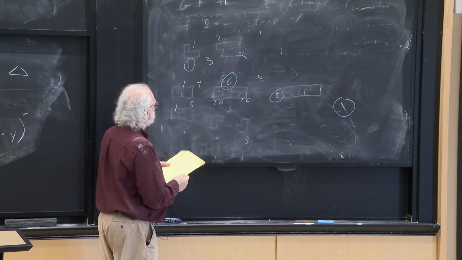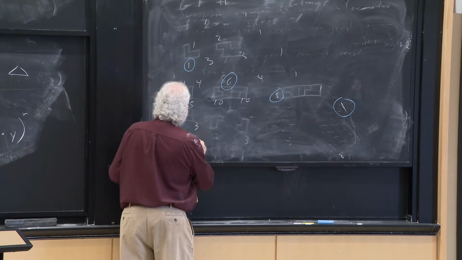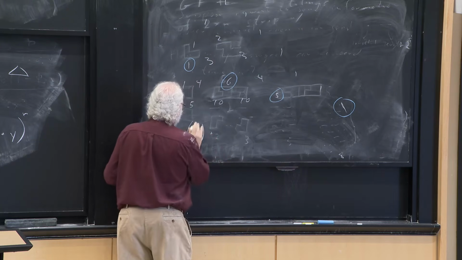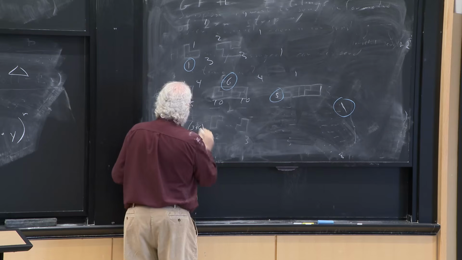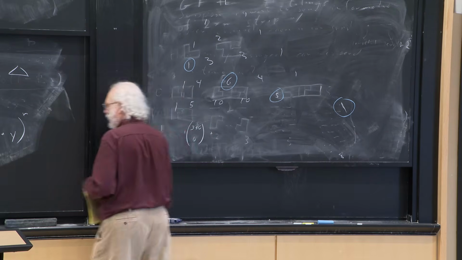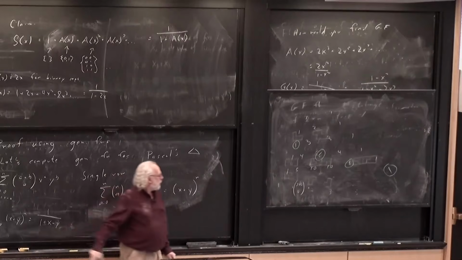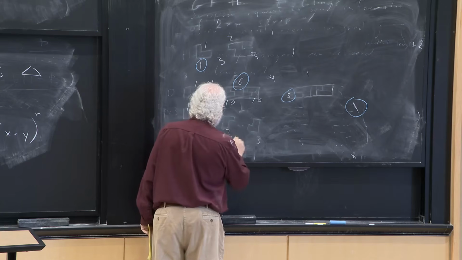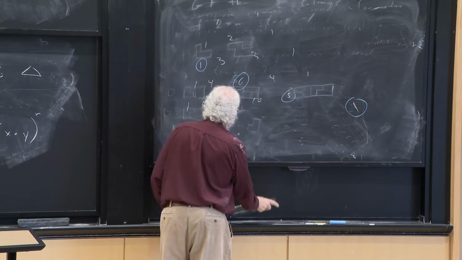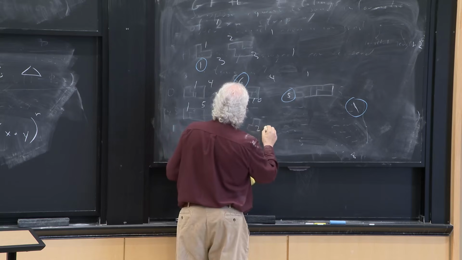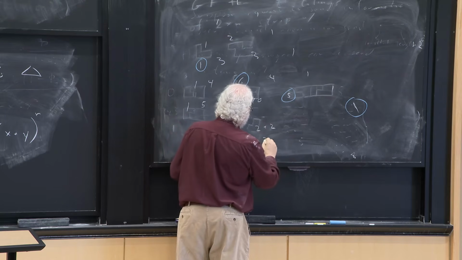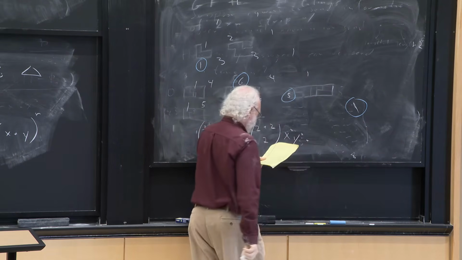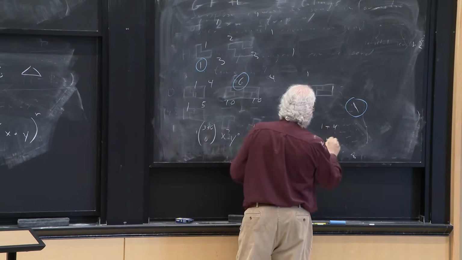Okay. So this turns out to be 3 choose 0, plus, all right, 3 plus 0 choose 0 times x cubed y to the 0, plus 2 plus 2 choose 2 x squared y squared, plus 1 plus 4 choose 4.